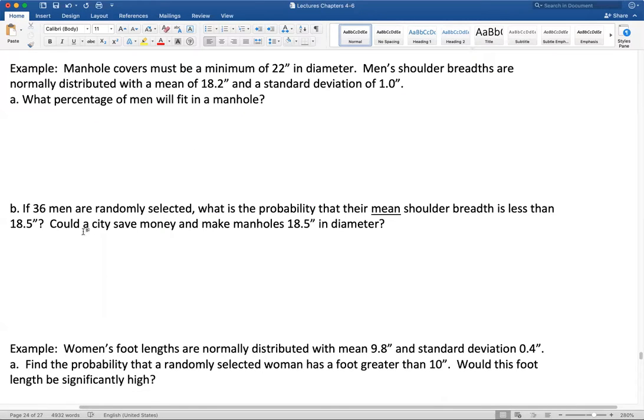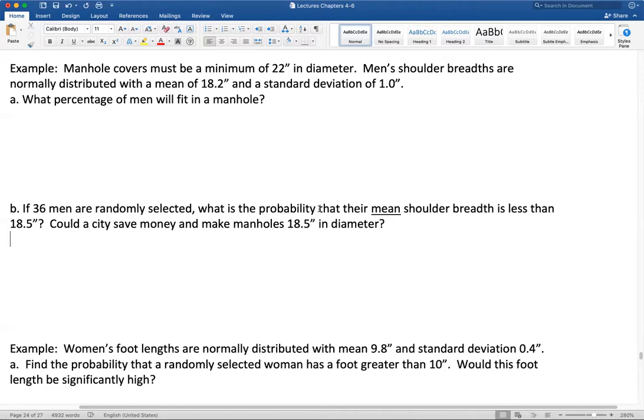So in question B, 36 men are randomly selected, and what is the probability that their mean shoulder breadth is less than 18.5 inches? It means the sample mean is less than 18.5 inches. They are not asking us to find the probability that a single value, I mean the random variable shoulder breadth, is less than 18.5 inches.